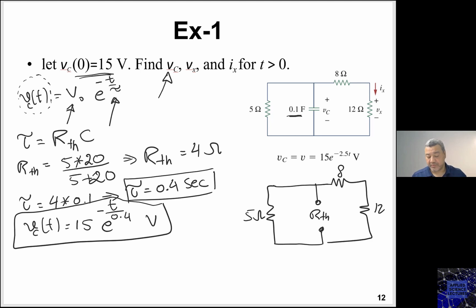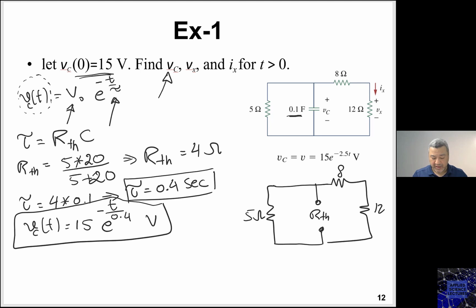Look at the voltage across the capacitor. Isn't this voltage across the capacitor the same as the voltage across the 8 and the 12 together that are in series? So what does this mean? The voltage across the capacitor is indeed across the two resistors that are in series.